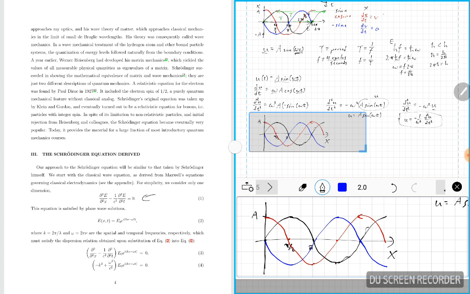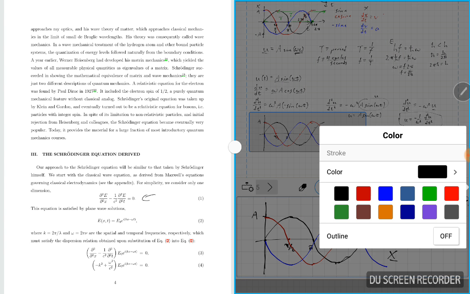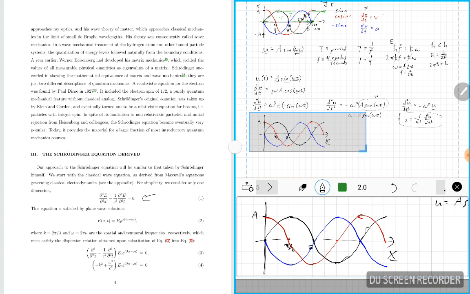Except now we're looking at derivatives with respect to x, not with respect to time anymore. Also with respect to x, since it's the same exact function, we can see that the position at 0 and the position at 2 pi are the same as each other.